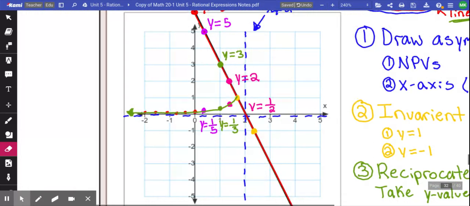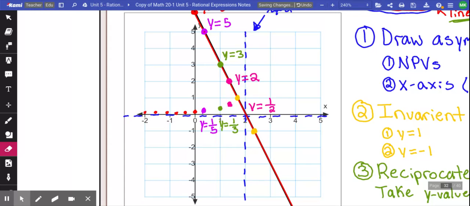I got that green curve by doing all of those reciprocals and noticing the trend. So I'm just going to do a little bit better of a job there. And that line will go as close as it can to that asymptote, but it'll never touch that asymptote. The reason why is because I'll never get 0. I'll never get a y value of 0.